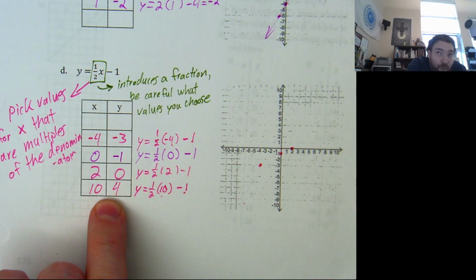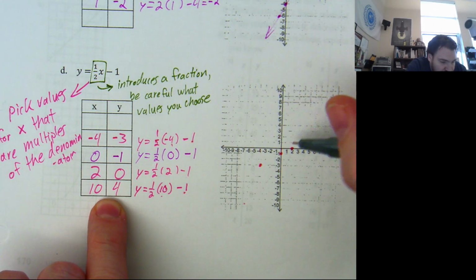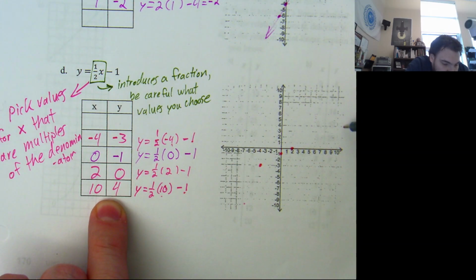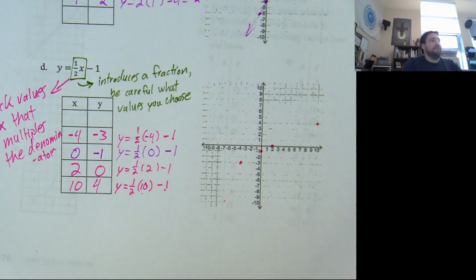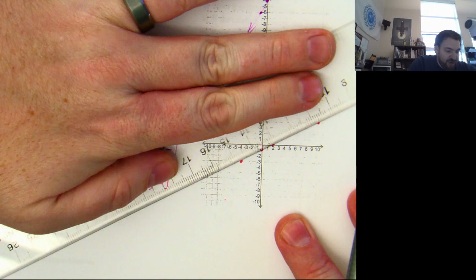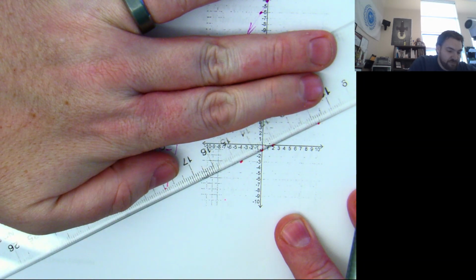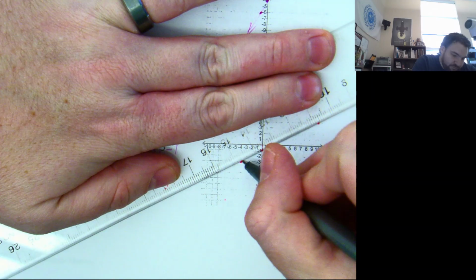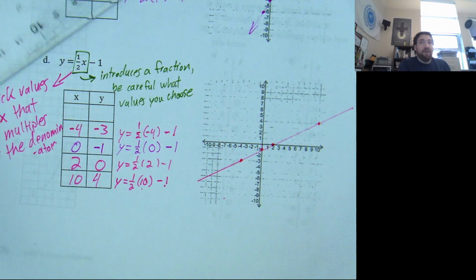And then 10, 4, Gershon's value, means I'm going right 10 and up 4, right there. Do those 4 points look like a straight line to you? Straight. Diagonal doesn't matter. It's straight, not curved. I can use a ruler. There it is.